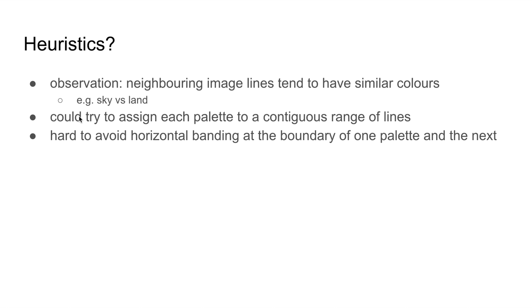So one thing we could do is to assign each color palette to a contiguous range of lines in the source image. So something like this, for example, where we have, let's say, lines 0 through 19 mapped to palette 0, and then 20 through 39 to palette 1, and so on. And this approach can work reasonably well, especially if you tune these boundaries to match the particular features of the image you're trying to reproduce.